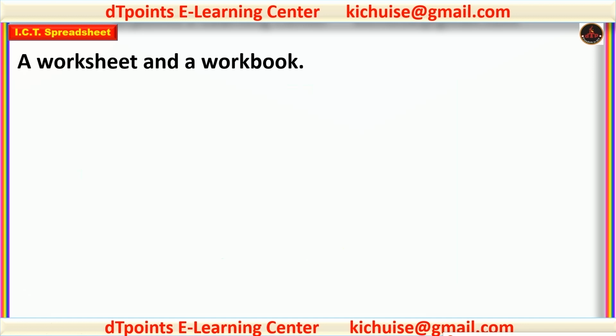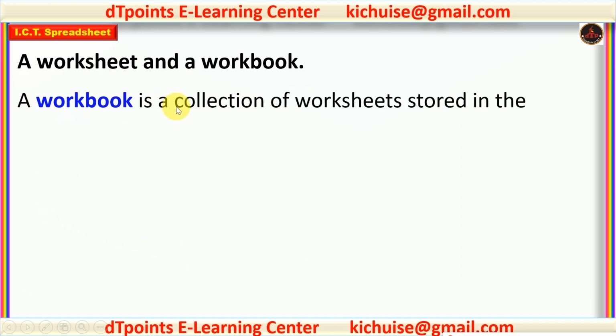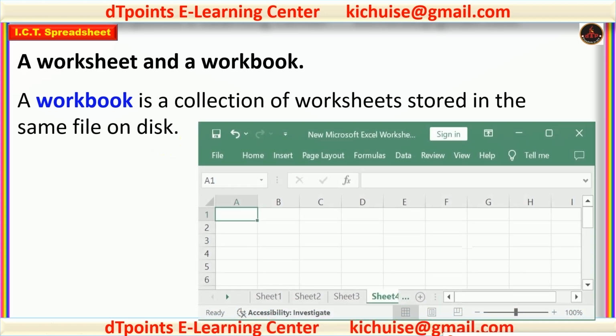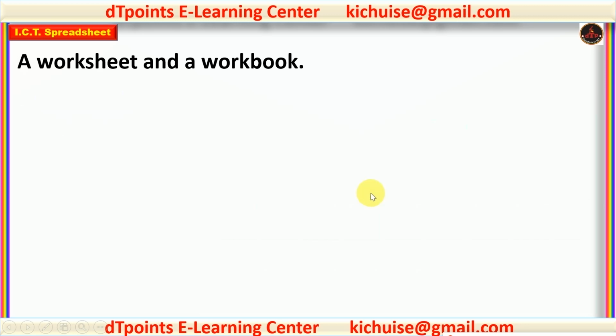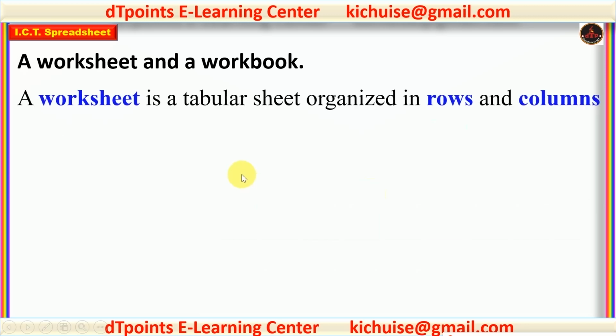So I think I have made that point. You may be asked, what is a workbook? A workbook is a collection of worksheets stored in the same file on disk. It's a collection of worksheets. So here we have a workbook with several worksheets, but it is one file, saved as one single file item. With that, you can also say what a worksheet is.